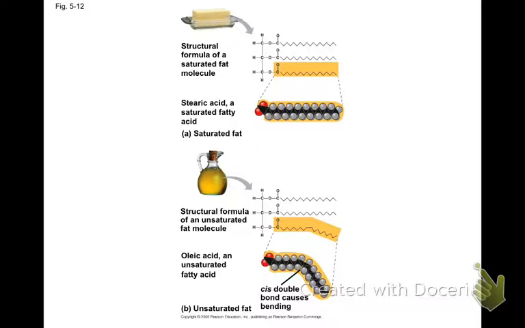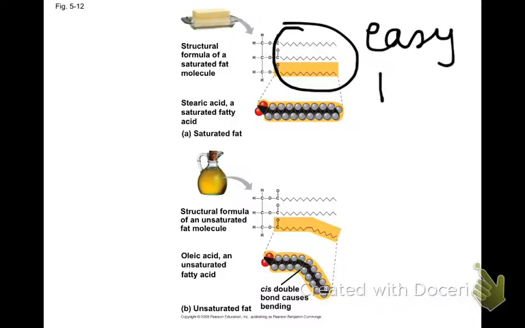So this is what I mean when I'm talking about butter, where you could see it is saturated fatty acids that are present, and so there is very good, easy packing, and so it is solid at room temperature.